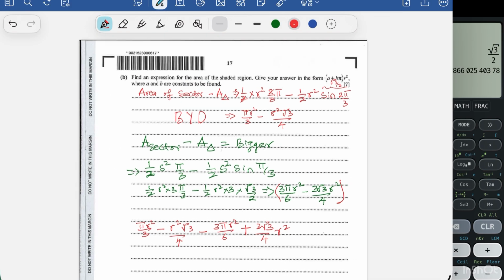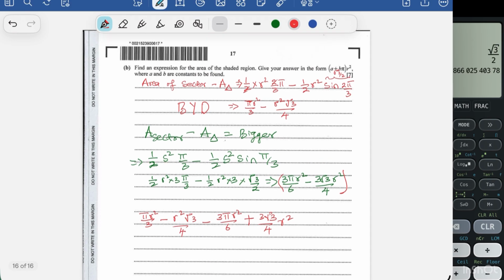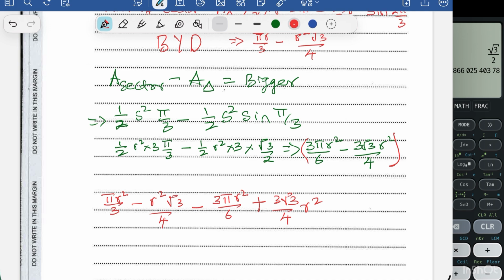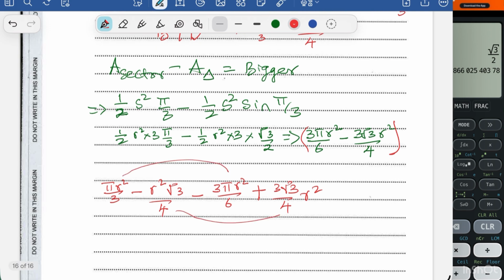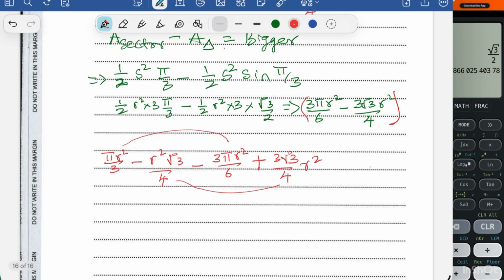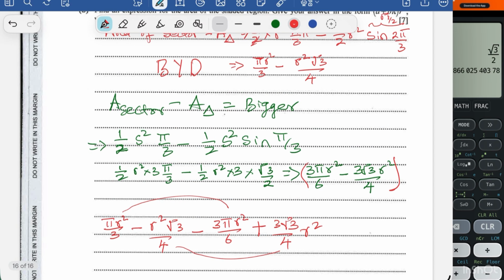Okay, we need to get it in the form a pi. I think there should be some like terms. So this and this are like terms, this and this are like terms here. So I hope I'm doing the right thing. Okay, I'll just check.